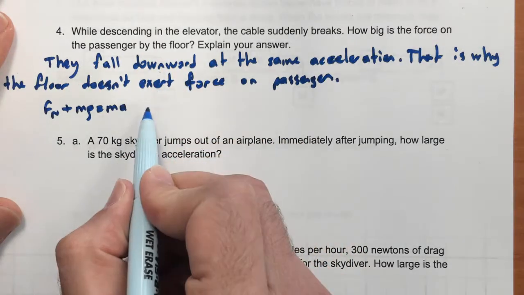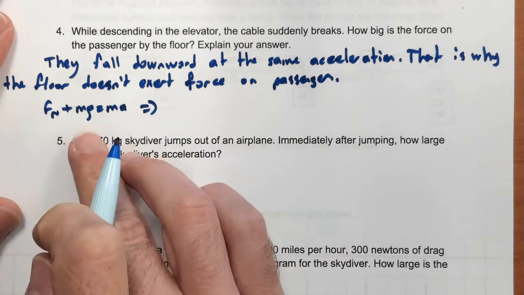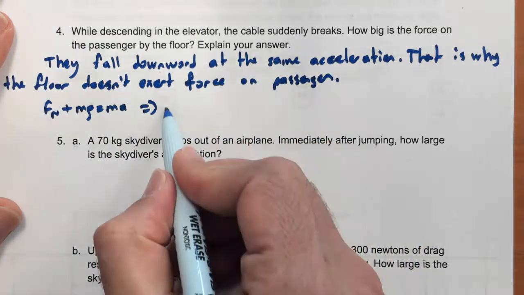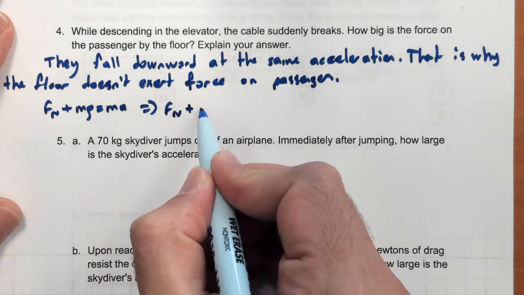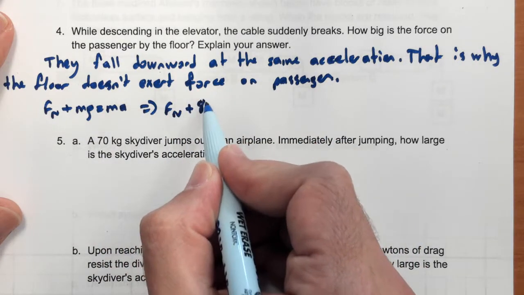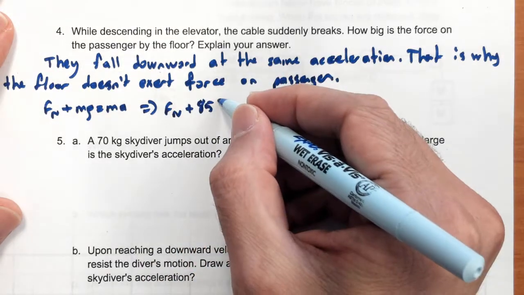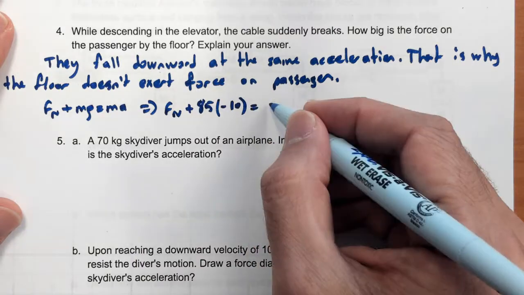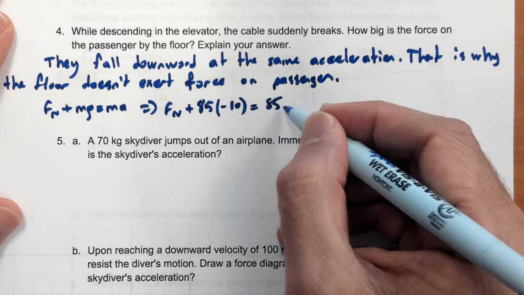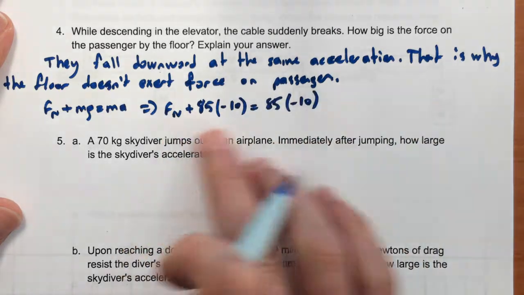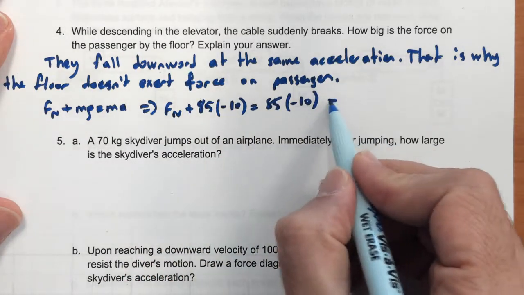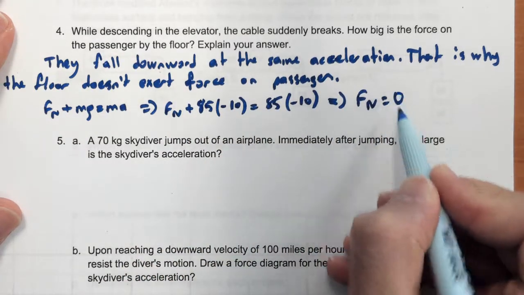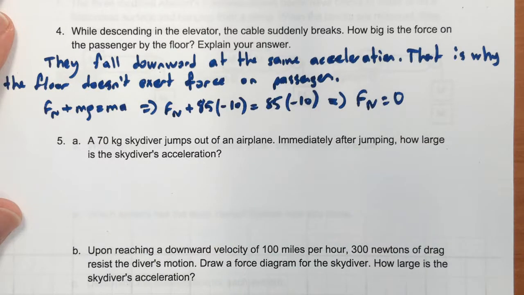So when we plug in the numbers, in case that they are falling, normal force plus 85 times -10 equals 85 times -10. So mathematically, this part also shows normal force will be 0.